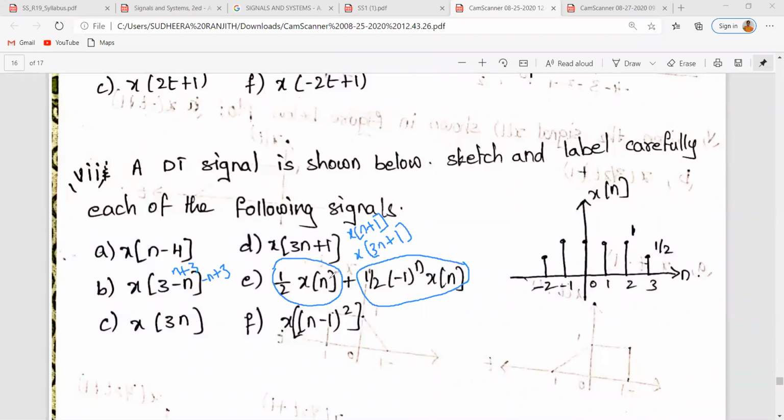Right? Half into x of n means let us multiply amplitude of each and every sample with half.